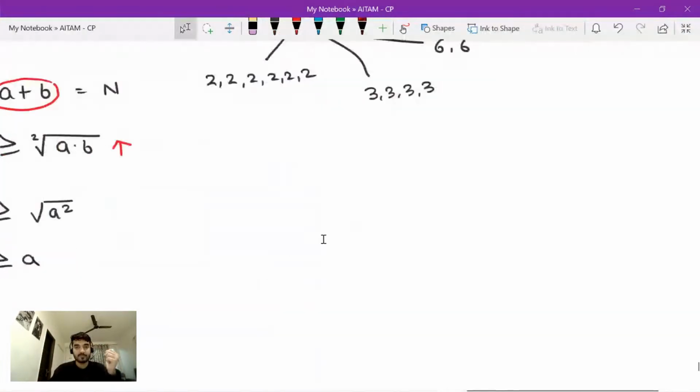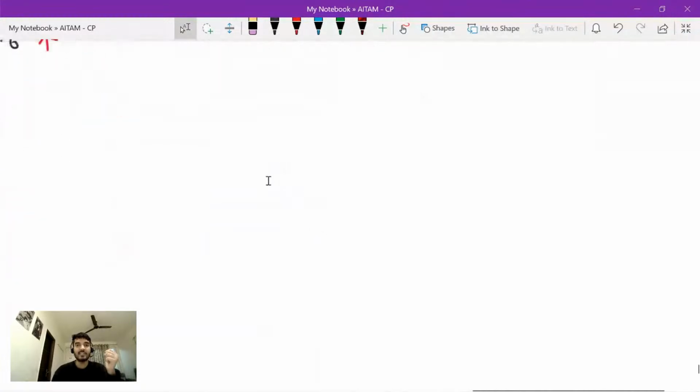So let's say x will give me the maximum product. What will be the product? The product is simply x to the power n divided by x. Because let's say you have 12, and the value of x is equal to 3.